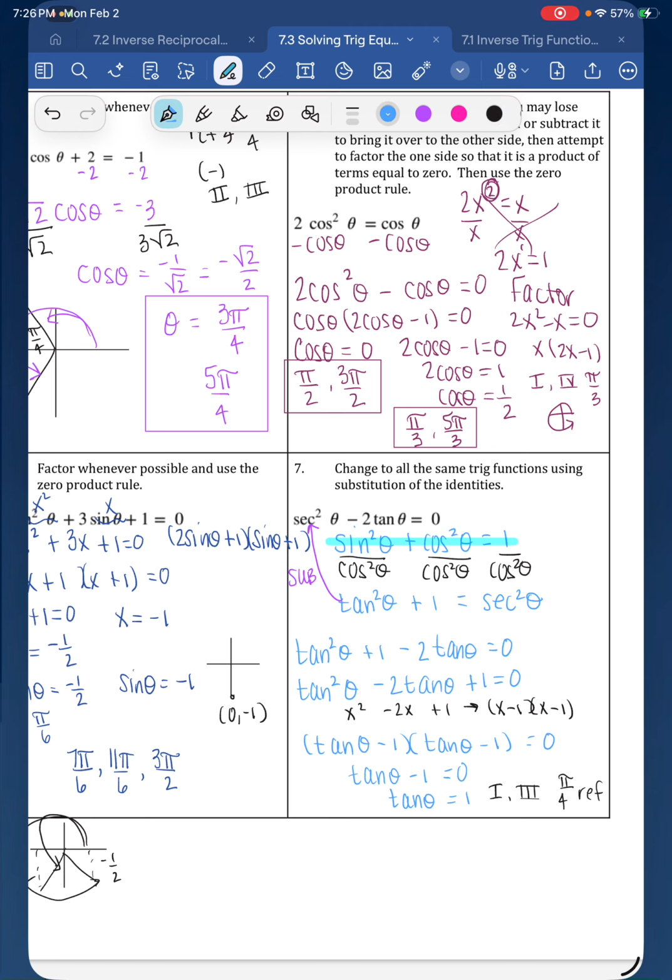Okay, so pi over 4 in quadrant 1 is pi over 4. And then pi over 4 in quadrant 3 is going to be 5 pi over 4. And that is solving trig equations.